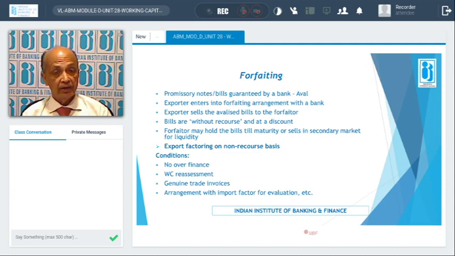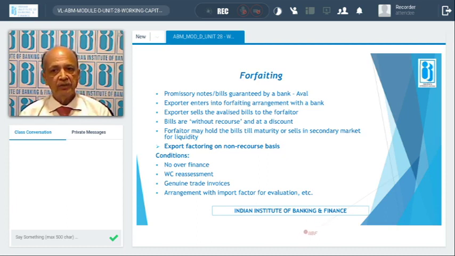Then working capital reassessment, because when factoring or forfeiting, that fund is being made by another mode of disbursement. So the working capital requirement would get reduced. That is why there is a proper reassessment of the working capital. Then again, it is genuine trade transactions only, and there should be genuine trade invoices or bills of exchange or promissory notes.